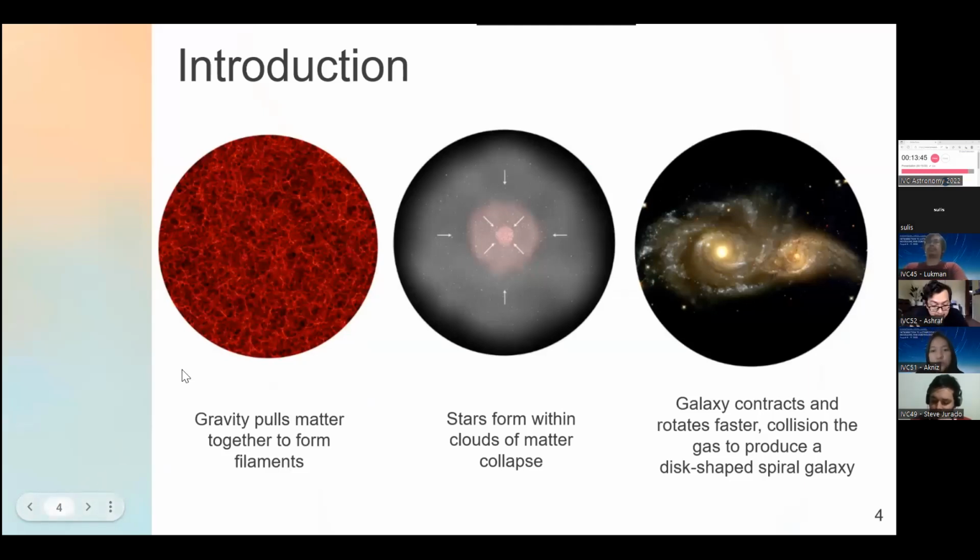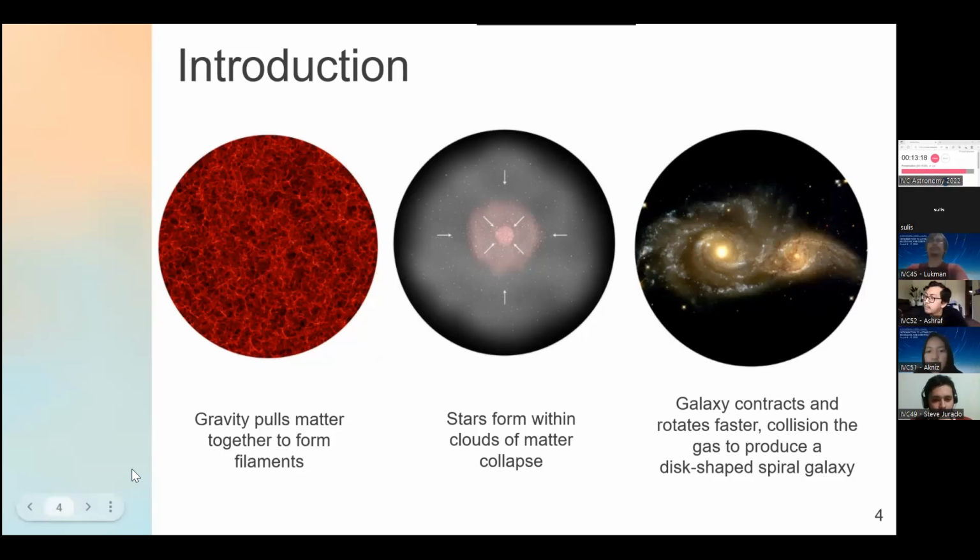Introduction about galaxy formation. How does a galaxy form? Astronomers use the fundamental laws of physics to give the basic story of galaxy formation. Gravity pulls matter together to form filaments. Galaxies form out of immense clouds of gas that collapse and rotate. As they evolve, stars form within clouds of matter collapse.